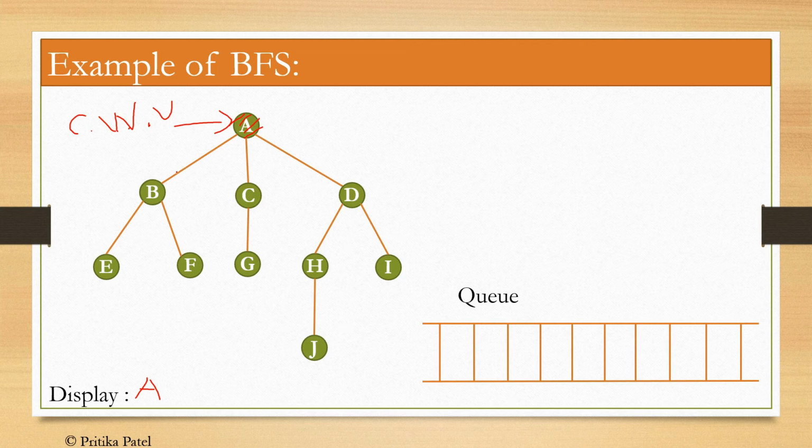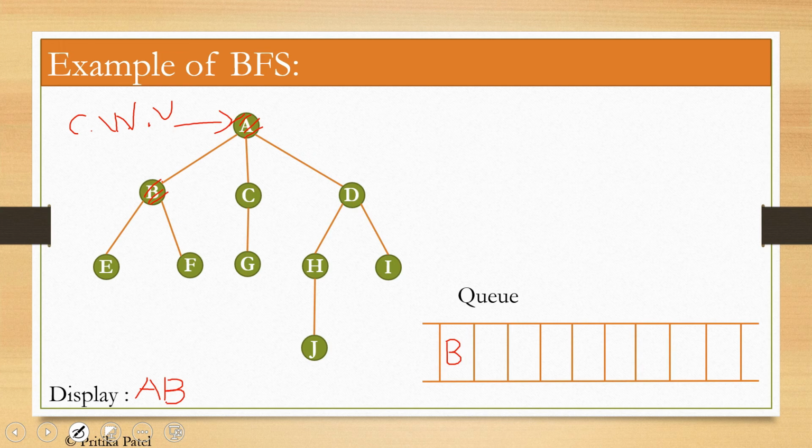Yes, that is B, C and D. So now visit the adjacent unvisited vertex. We visit B and mark it as visited, then insert it in the queue. So here B is inserted into the queue and displayed. B is displayed here, right?